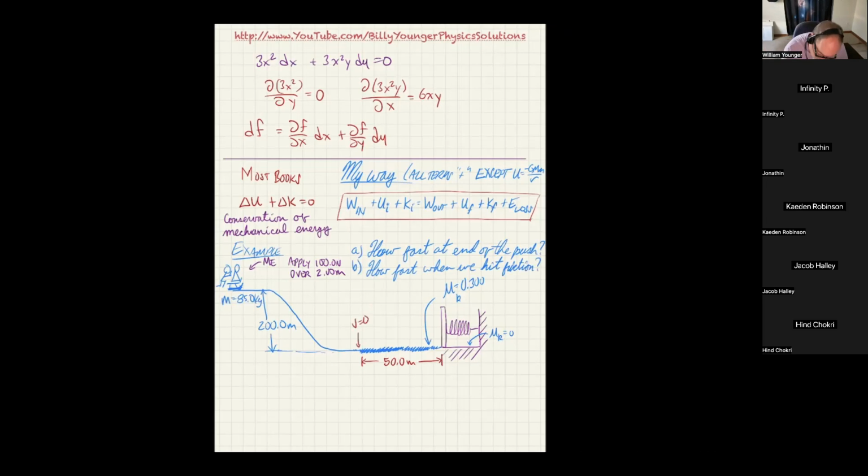Oh, and then part C, will she cover the 50.0 meters, or how fast?